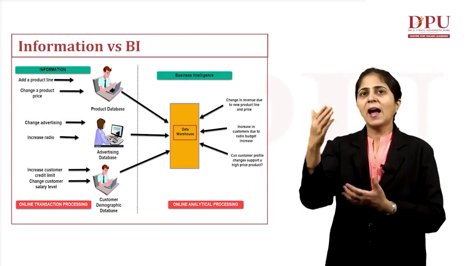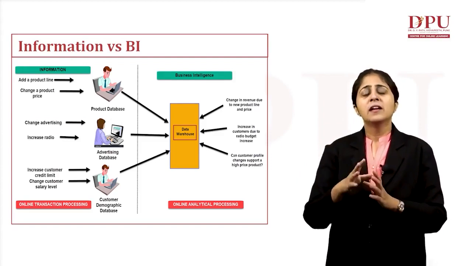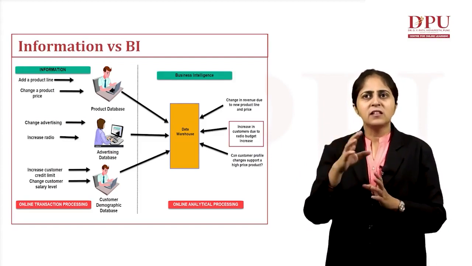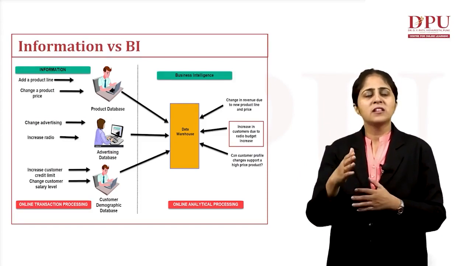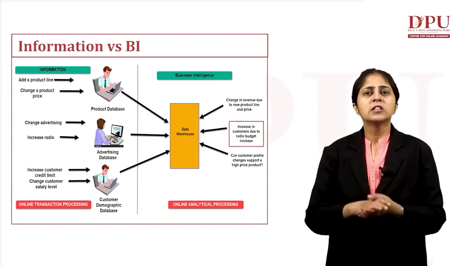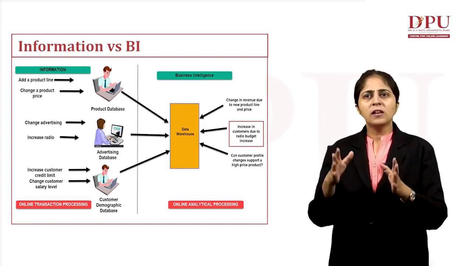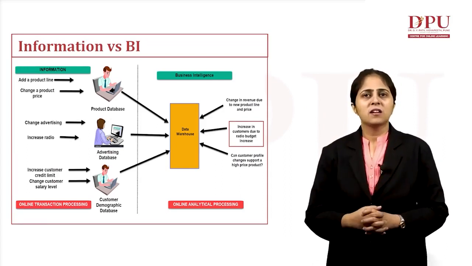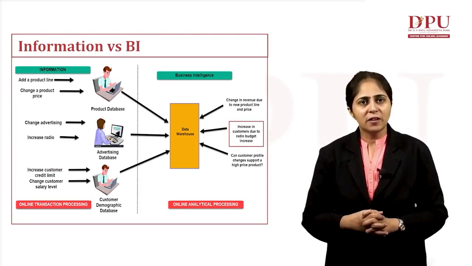Now, at the business intelligence level, it will be checked what the increase in customers is by changing the advertising or by increasing the budget, or increasing the radio, we can say. So what is the increase in the customer? That is what happens at the business intelligence level.